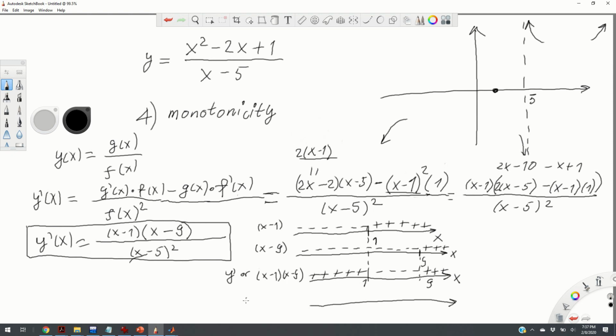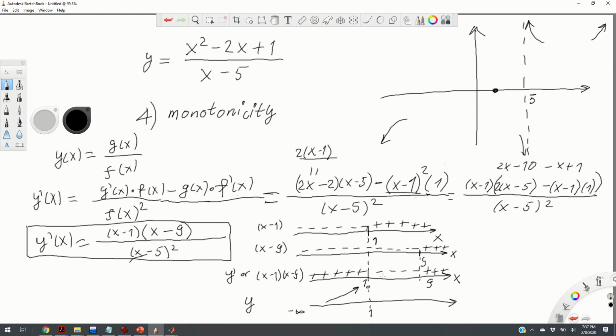And this implies that the function y increases from minus infinity until 1, right? Increases. Then it has a maximum at 1, since the first derivative is equal to 0 at 1. So here we have a maximum.